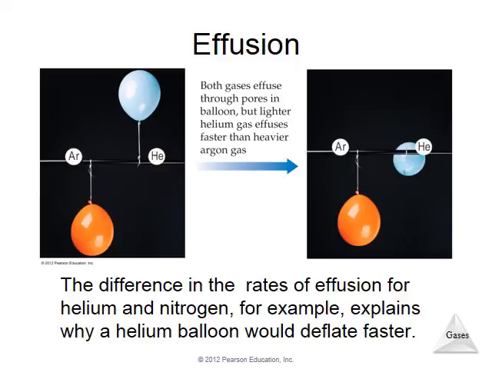Let's assume that you made a tiny hole simultaneously in the helium balloon as well as the argon balloon. You'd find that the helium balloon is going to deflate faster than the argon balloon. Can we understand that based on effusion? Yes. Helium being lighter than argon, the gas from the helium balloon comes out faster than the gas molecules from argon.